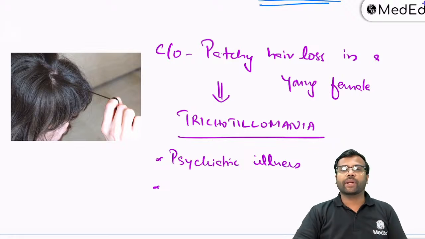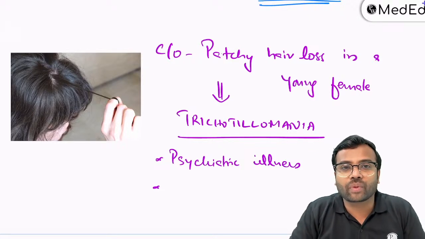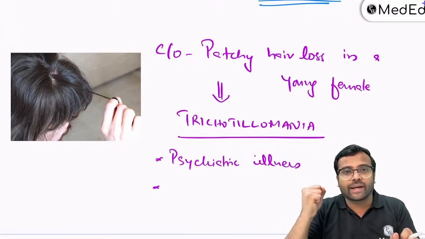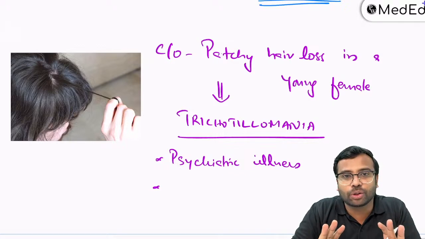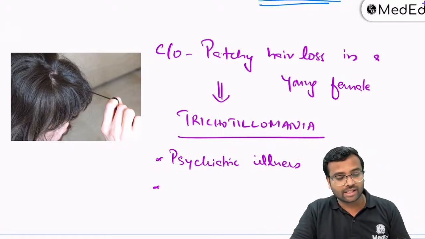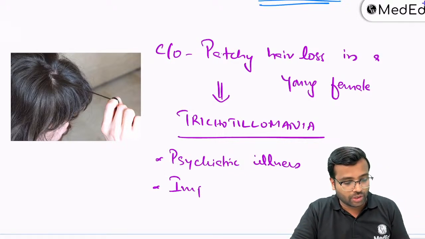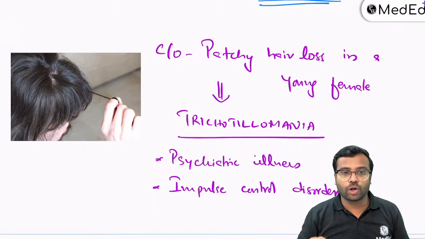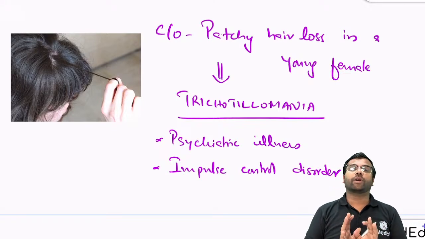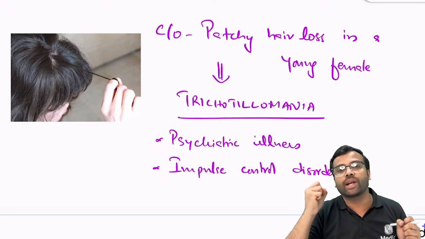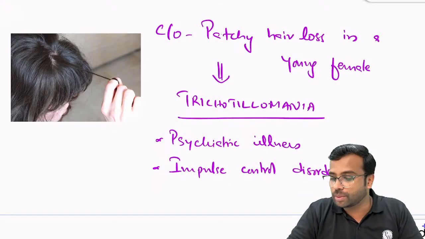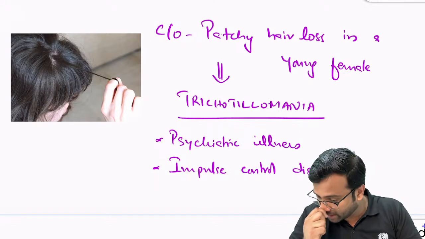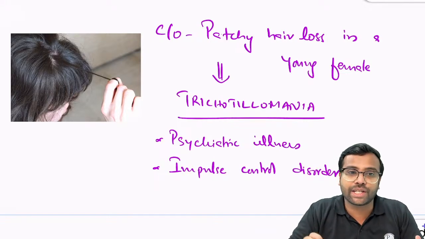Now here what is happening is, there is a desire to pull the hair, and the patient is unable to give it up. This is an impulse control disorder where the patient is unable to control that impulse of pulling the hair, because of which the patient will end up getting a patchy alopecia.